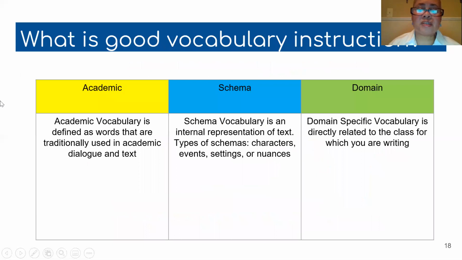Now, there are three types of vocabulary that you'll see within text: academic, schema, and domain-specific vocabulary. Academic is always defined as words that are traditionally used in academic dialogue and text, while schema vocabulary is an internal representation of the text, may be found in characters, event, setting, or nuances of the setting of the story.